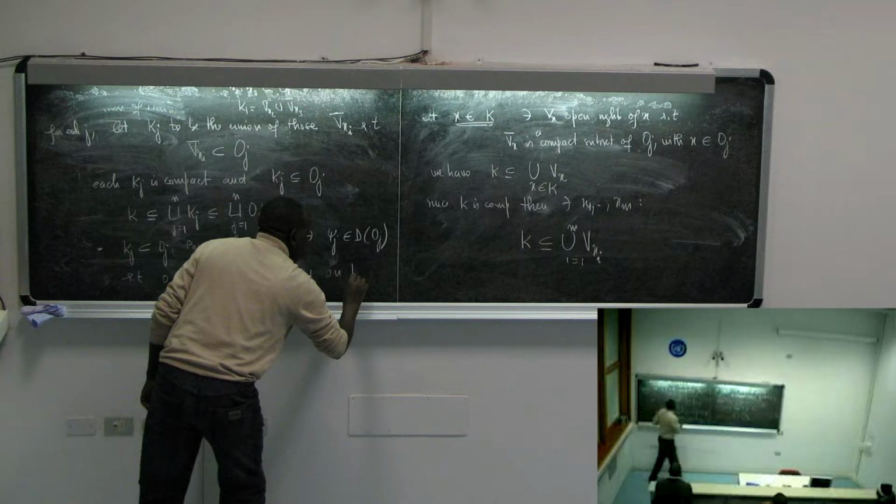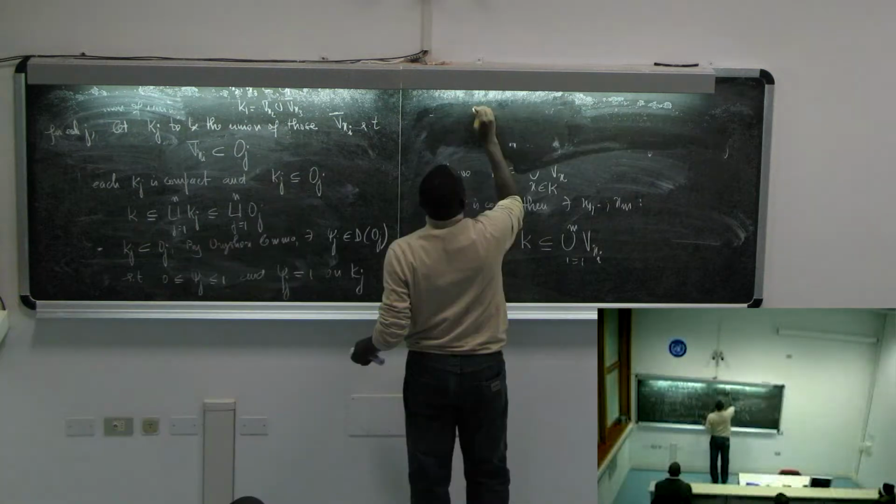Now let us define phi j. Let phi 1 be psi 1. And I take phi 2 to be 1 minus psi 1 times psi 2.